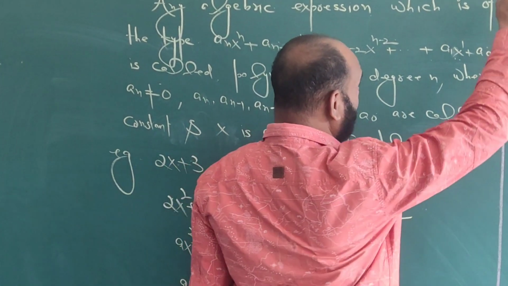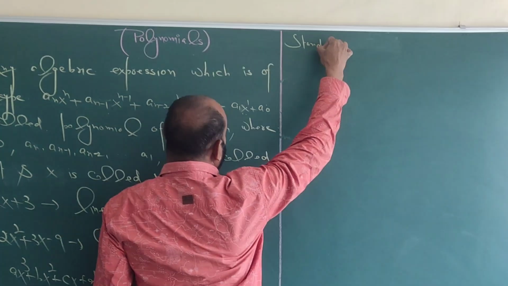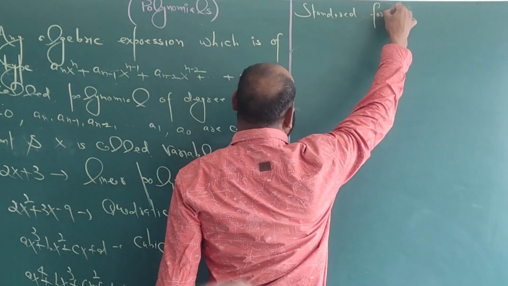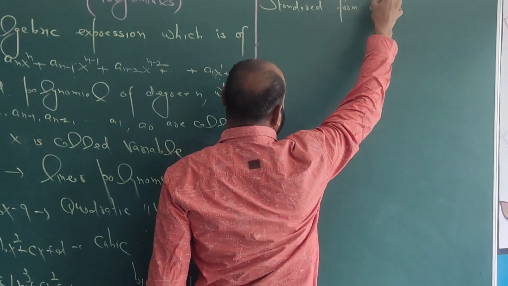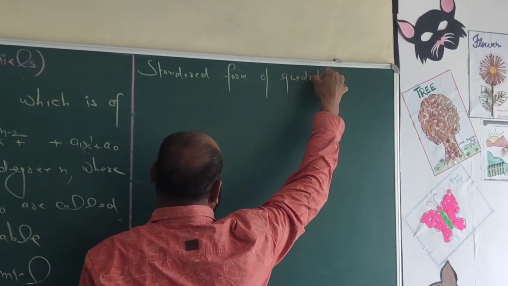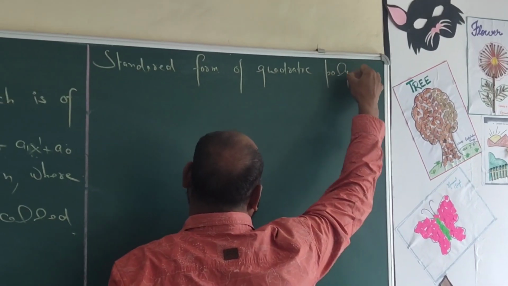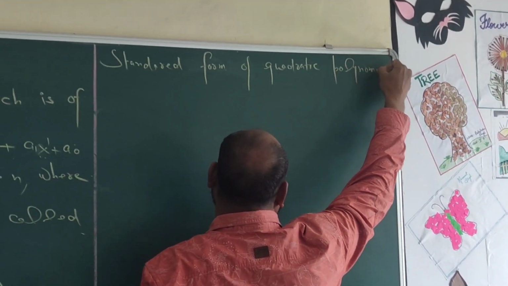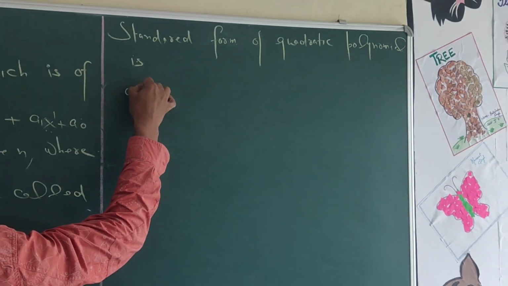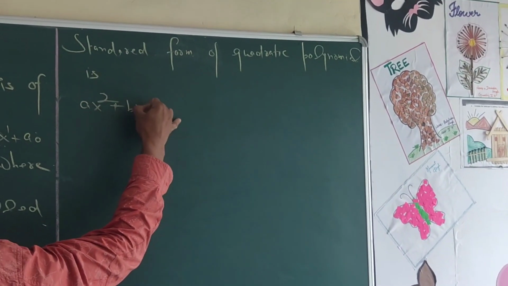The standard form of quadratic polynomial is ax square plus bx plus c.